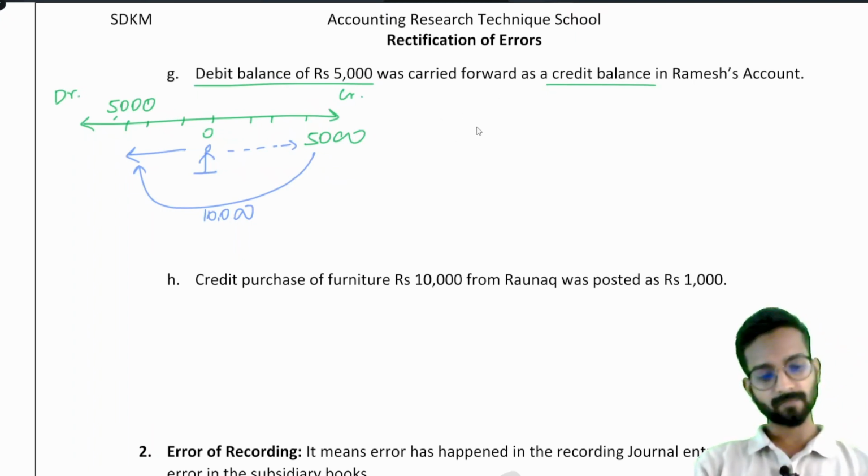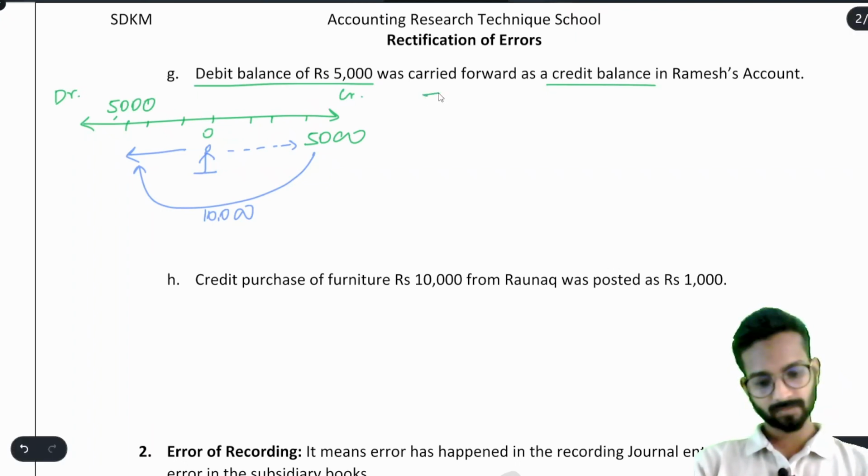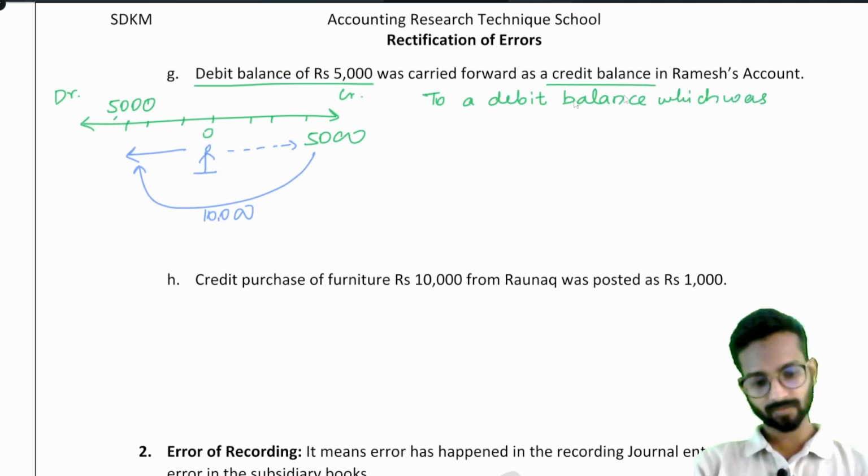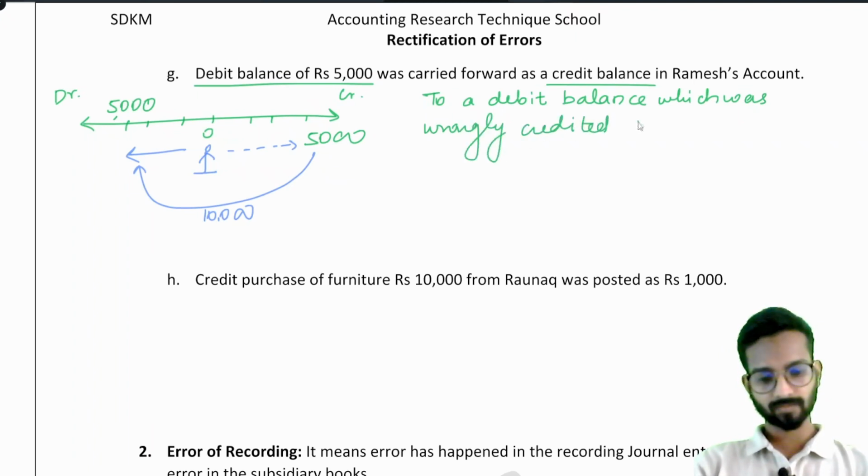So I can say that to a debit balance which was wrongly credited, rupees 10,000.